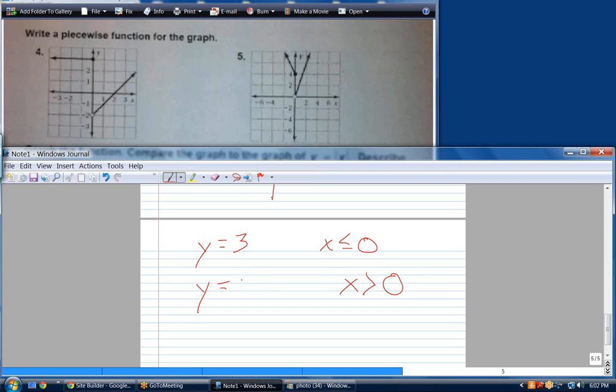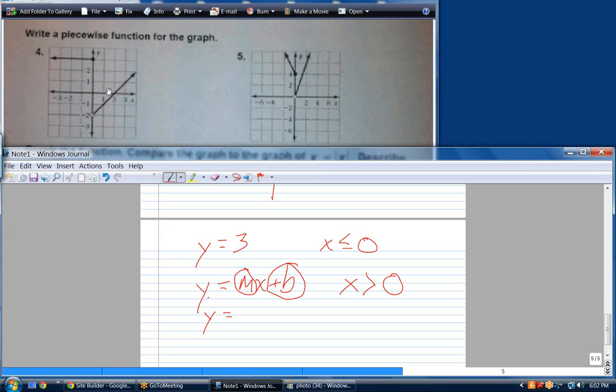Remember, y is equal to mx plus b. So we need to solve for m, and we need to solve for b. Well, we can pull b directly off of the graph, and we can pull m off of the graph also. So what is this part of the function? What's the slope?